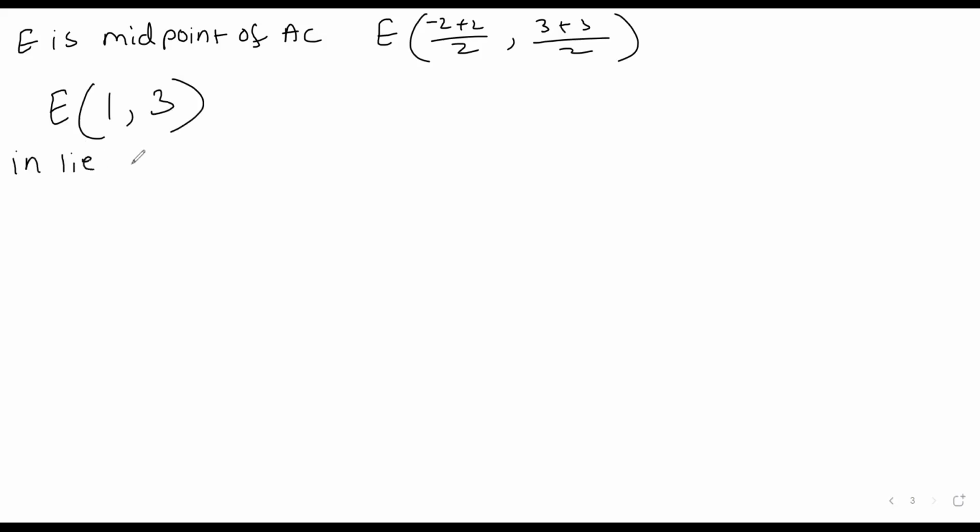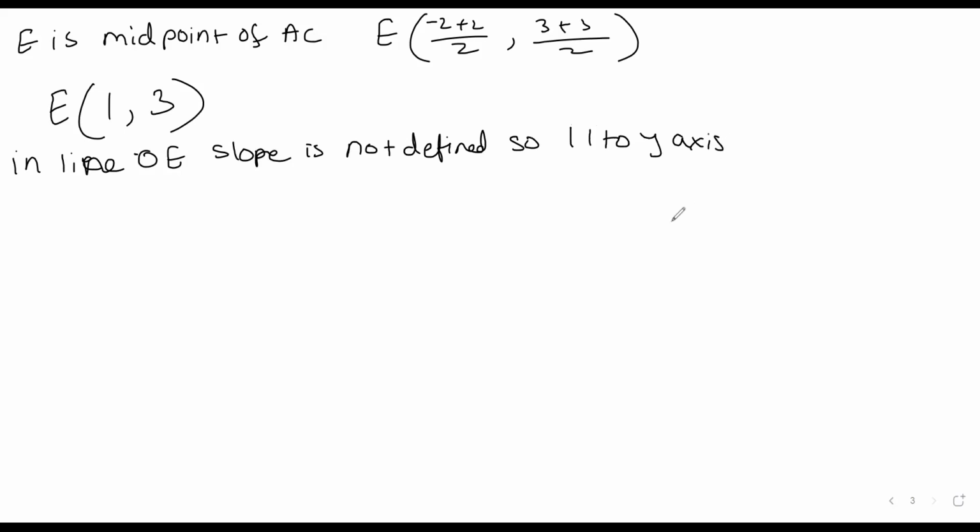Now in line OE, slope is not defined, so parallel to y-axis. So equation will be x is equals to a, and E is 1, 3. So equation will be x is equals to 1, because the line is passing through 1, 3.